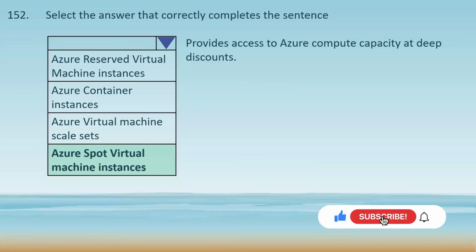So it is highly recommended that whenever you are using spot virtual machines, you don't put production workloads on them, because as you just heard, they can be evicted at any time whenever Azure needs capacity. The only drawback is they can go anytime, but then you get a lot of discounts when you're using these virtual machines as well. So probably you can put your non-critical workloads on them, which can handle interruptions.